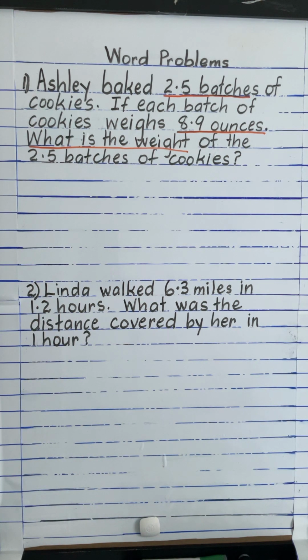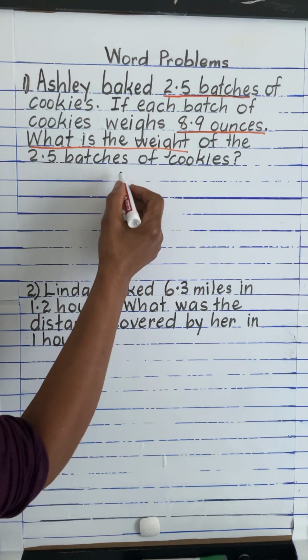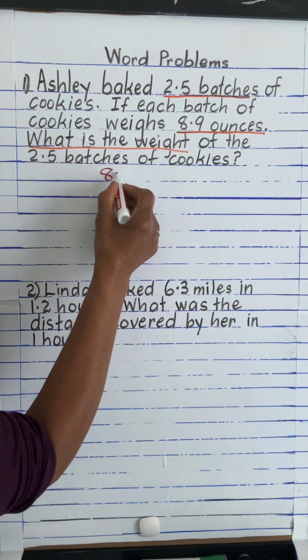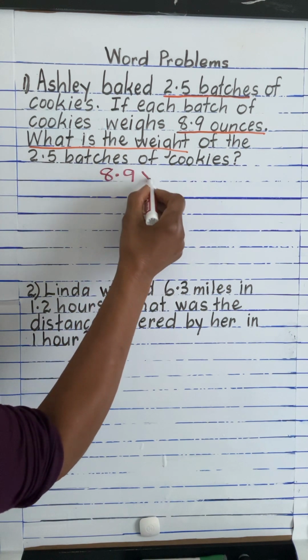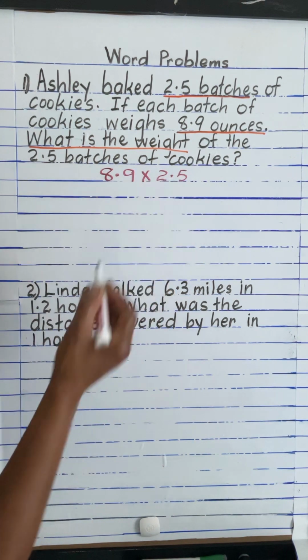So clearly we know that we're going to multiply. So it's 8.9 multiplied by 2.5.